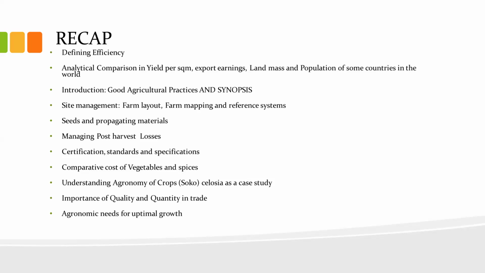Then we moved on to discuss the different agronomic requirements for crops, using celosia as a case study. That helped us understand the importance of lighting, sunlight, pH, and all the other technical details required for every plant to grow optimally.